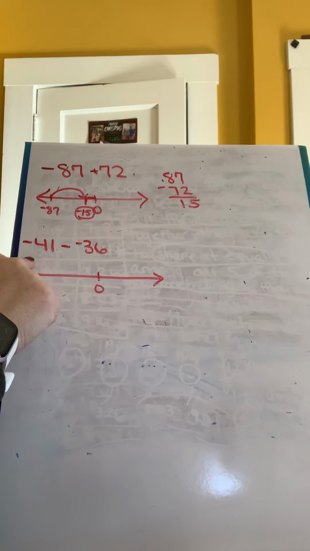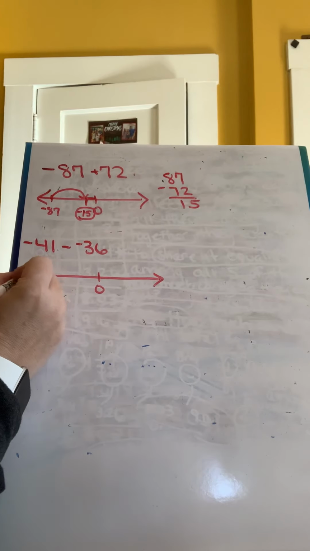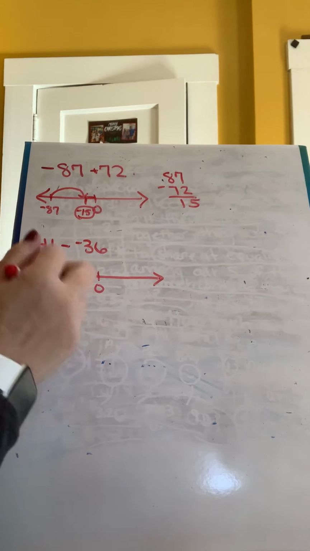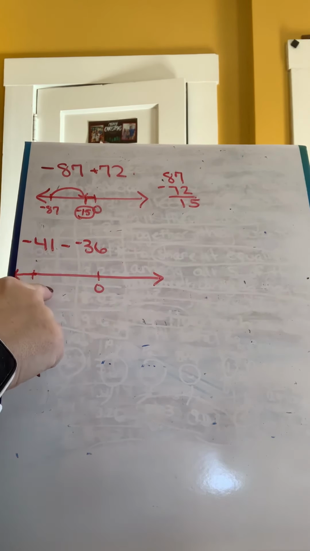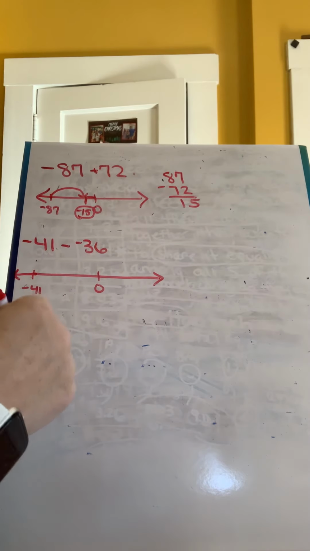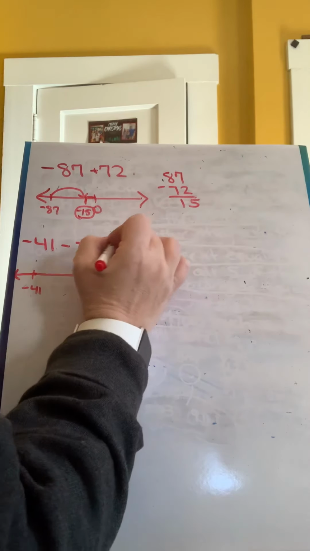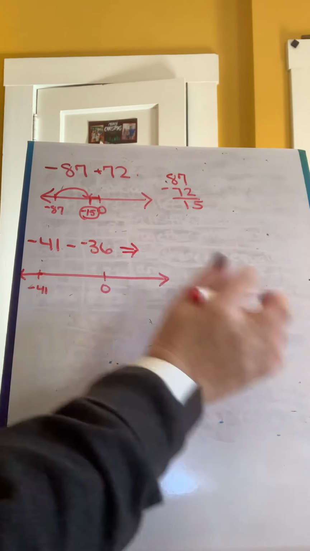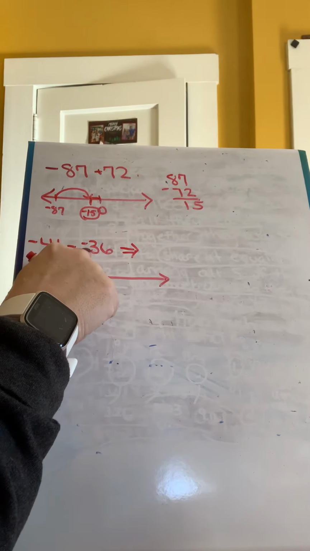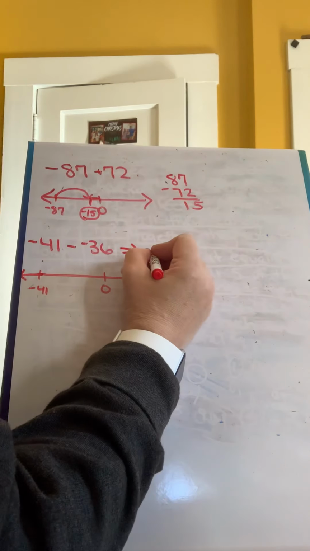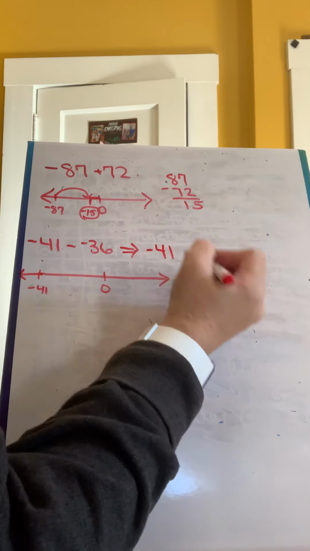And if we're taking away negative 36, it means that, from our notes, if we're taking away negatives, we're actually adding in positives. So I like to think of this as not having two symbols with each other. Negative 41.